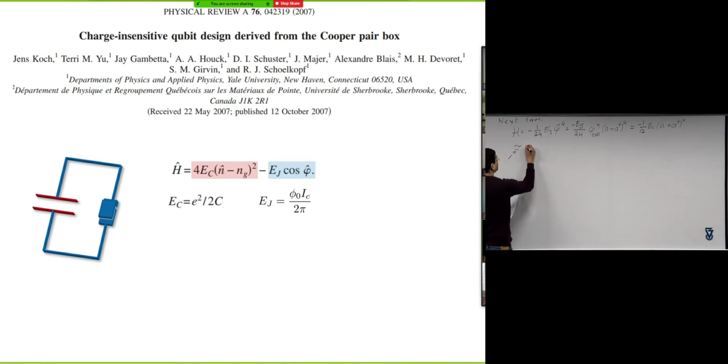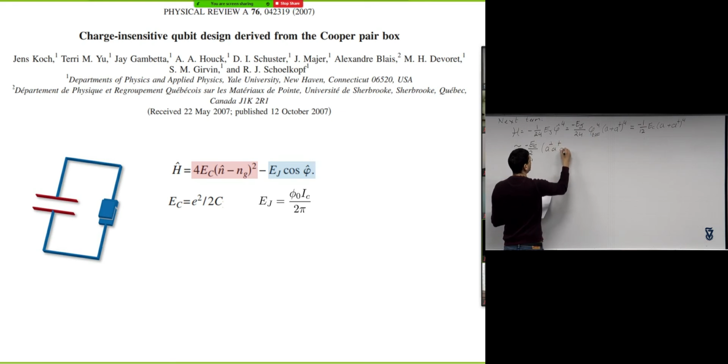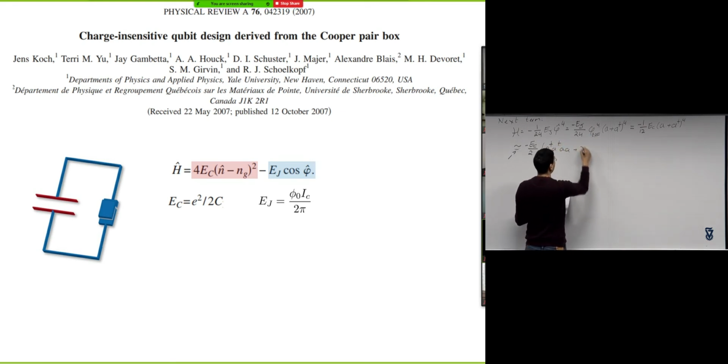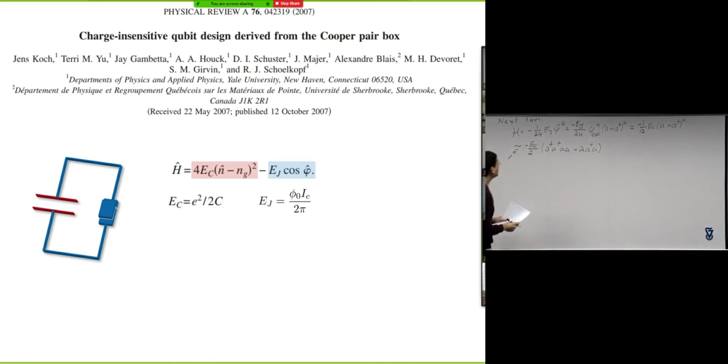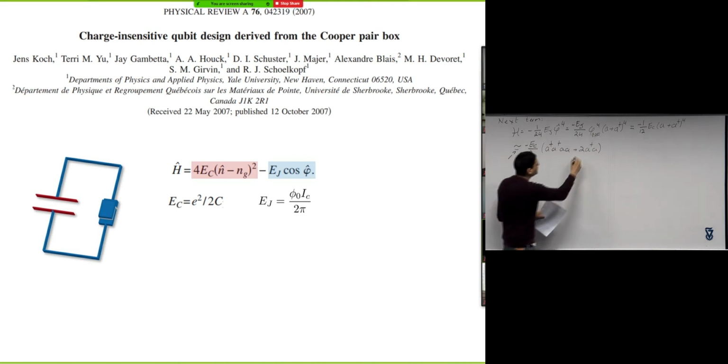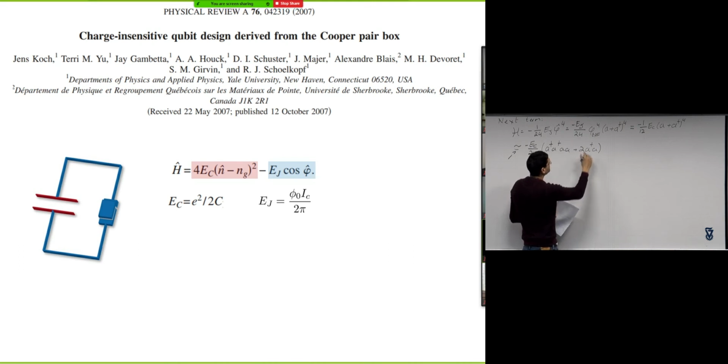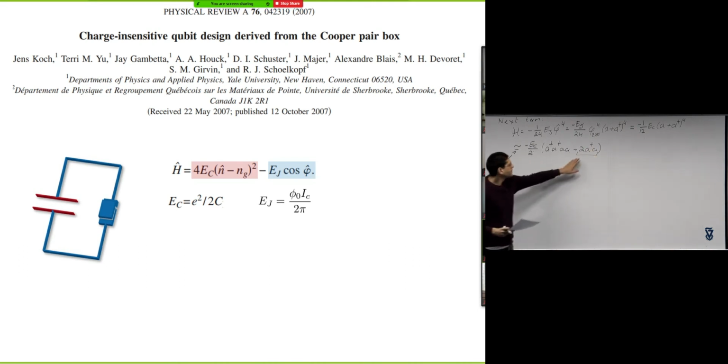And if we do that, we're going to get minus EC over 2, (A dagger A dagger A A plus 2 A dagger A). Now this term over here, what can we do with it?